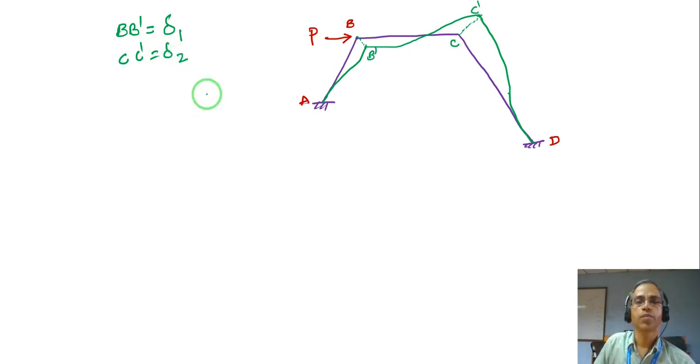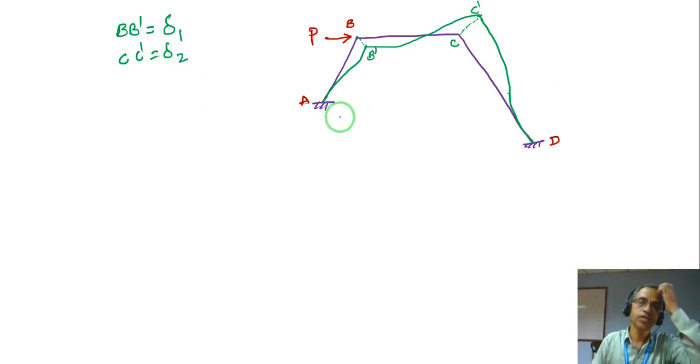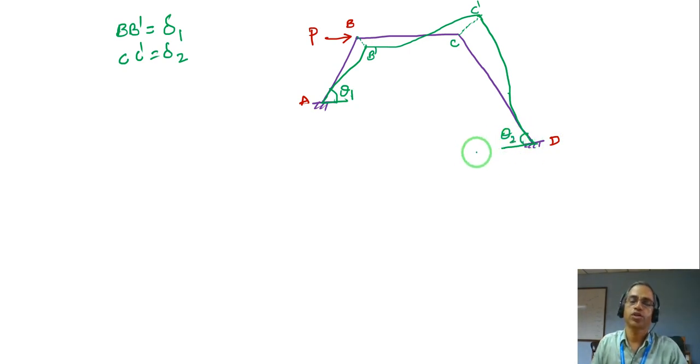This is very important. Since this leg AB is inclined, let us say with an angle of theta 1, CD is inclined with an angle of theta 2 with respect to horizontal.